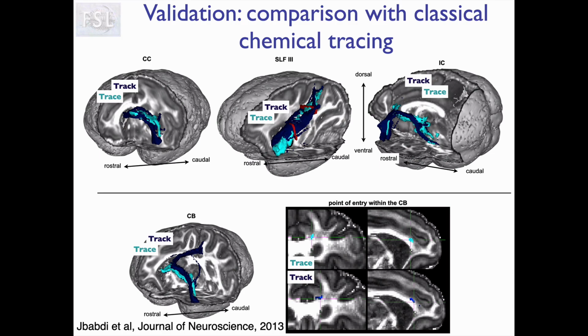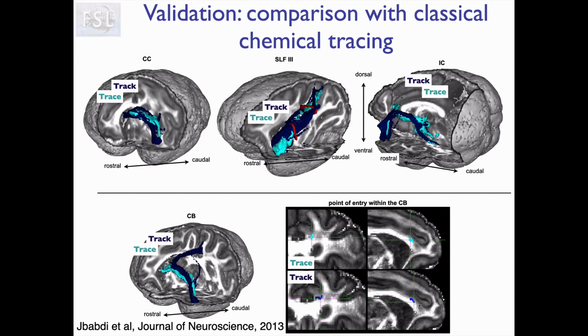So here we show the comparison between several cases where chemical tracing has been used post-mortem to visualize the tract, and that has been compared with reconstructing that tract using tractography, and you can see an excellent overlap in all cases shown here, except that on the lower left we again see that in the cingulum bundle we had tractography suddenly turning off and doing its own thing.